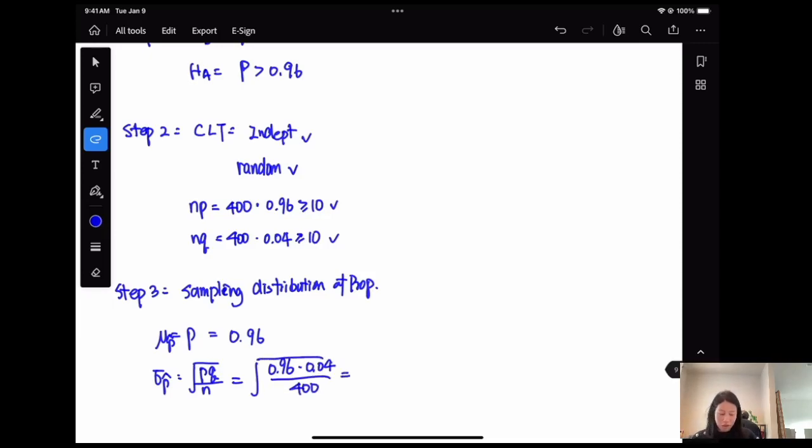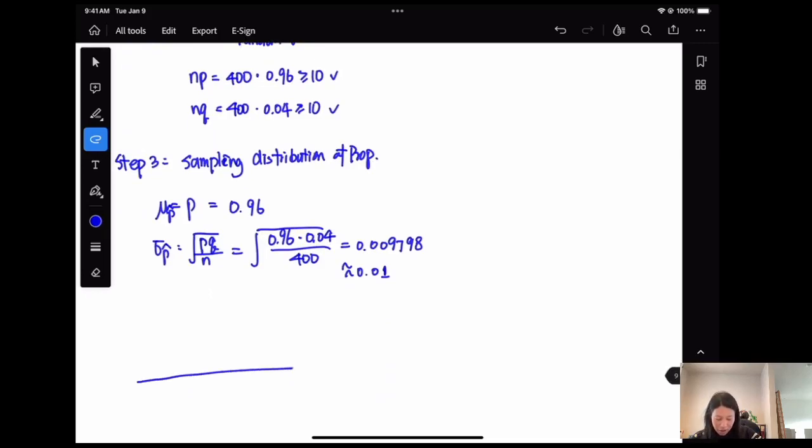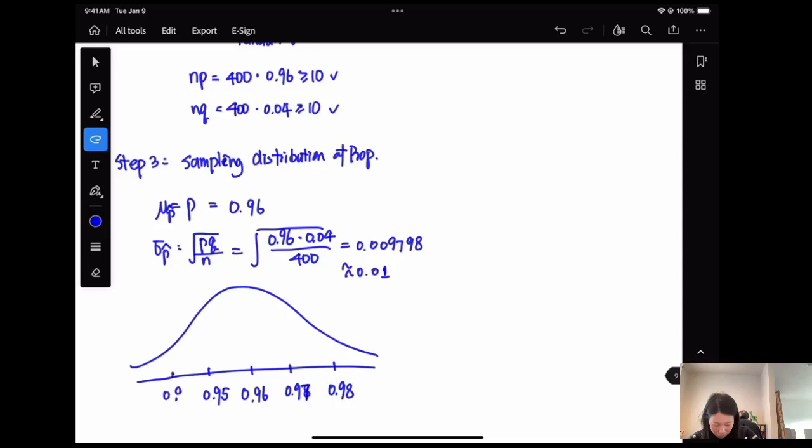When you calculate that, this is 0.009798, which I can approximate to 0.01. So you expect a normal distribution that looks like this, at 1 standard deviation, 2 standard deviations, and 3 standard deviations.